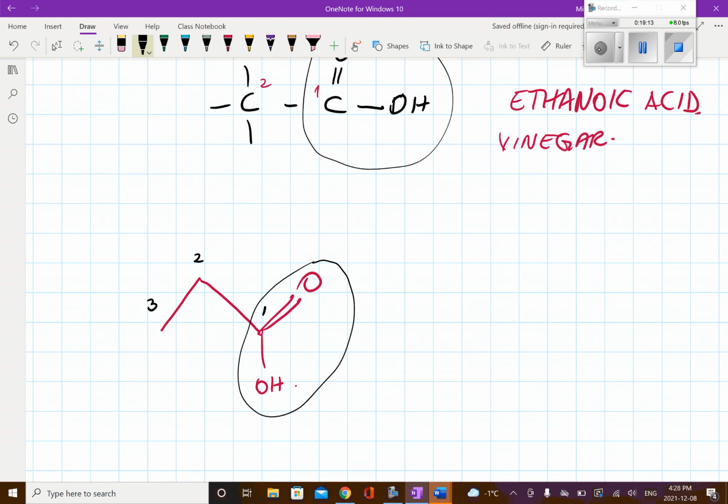We always start with that when numbering the carbons, and then we'll have propane because there are 3 carbons. We'll drop the E and add OIC and acid. So propanoic acid. Okay, we'll do examples like this in class as well.